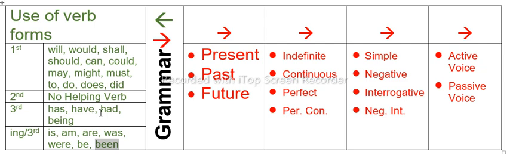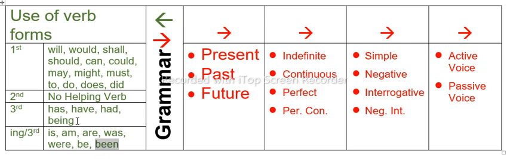But here, has been, have been, had been. Okay, right? So after been, the form will be according to this, either ing form or third form. So in this way, been is followed sometimes by ing form, sometimes by the third form.